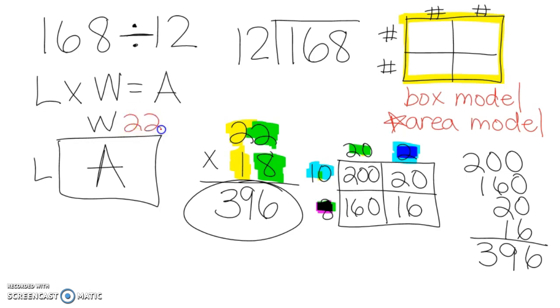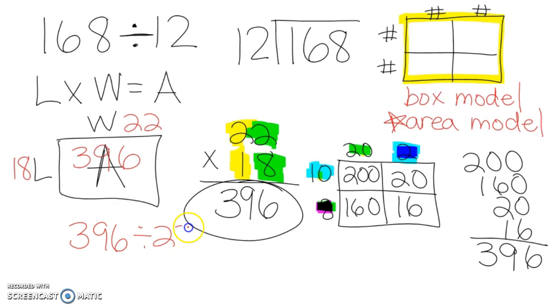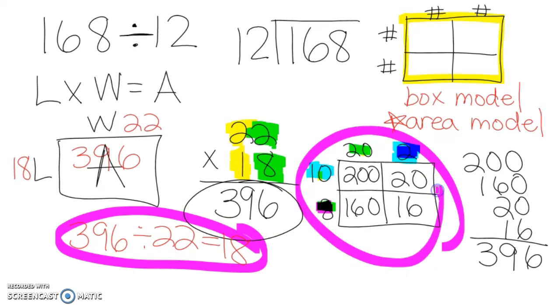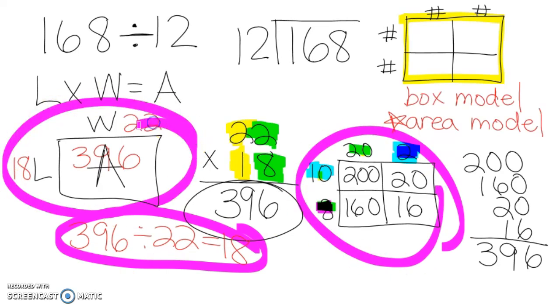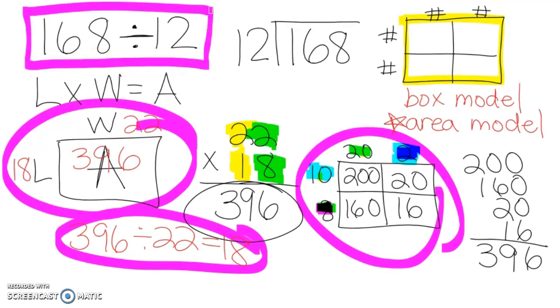This is just like saying 22 times 18 equals 396. It's also like saying 396 divided by 22 equals 18. The model for the multiplication and the division all goes together.